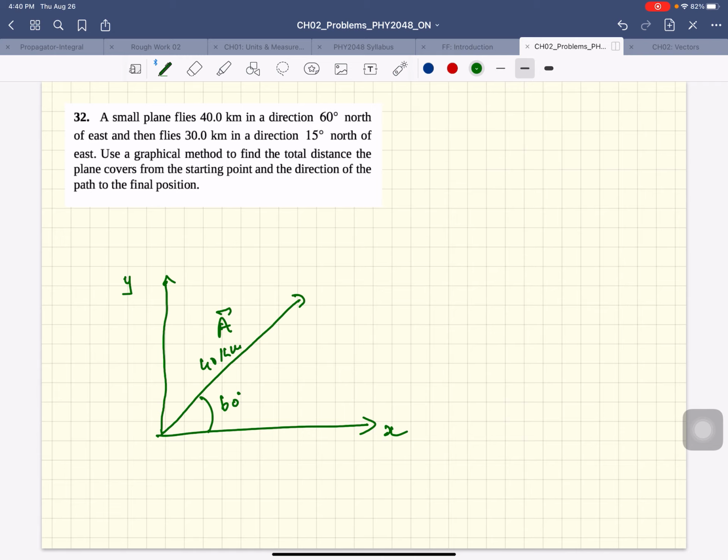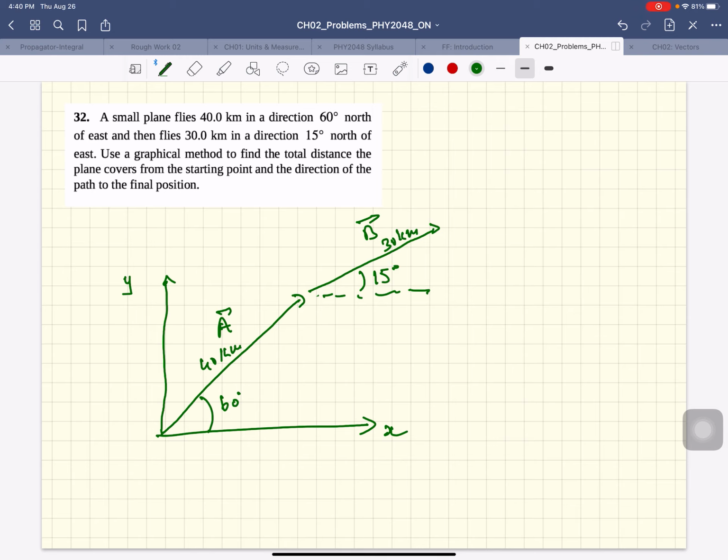The second vector is 30 kilometers, 15 degrees north of east. So there is east, this is 15 degrees. Okay?